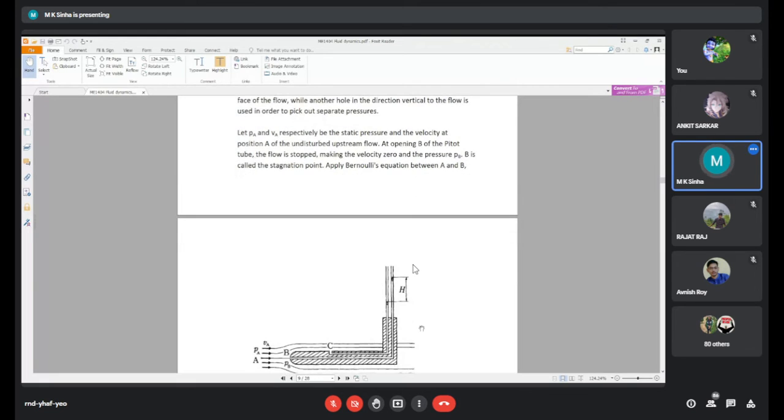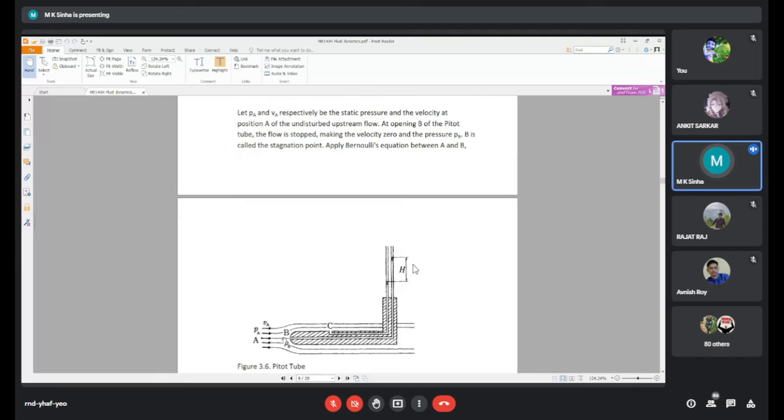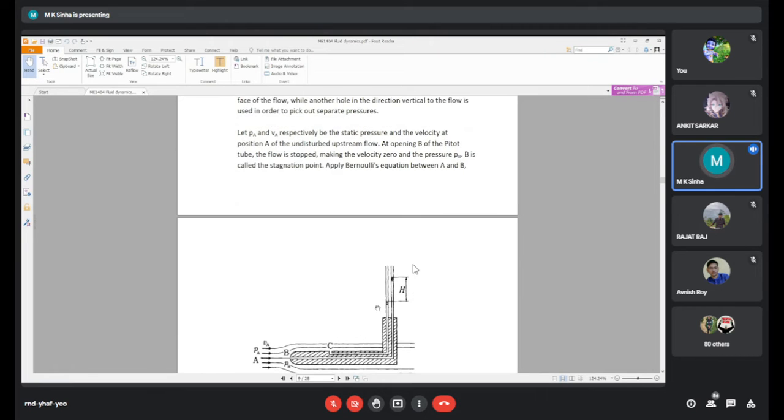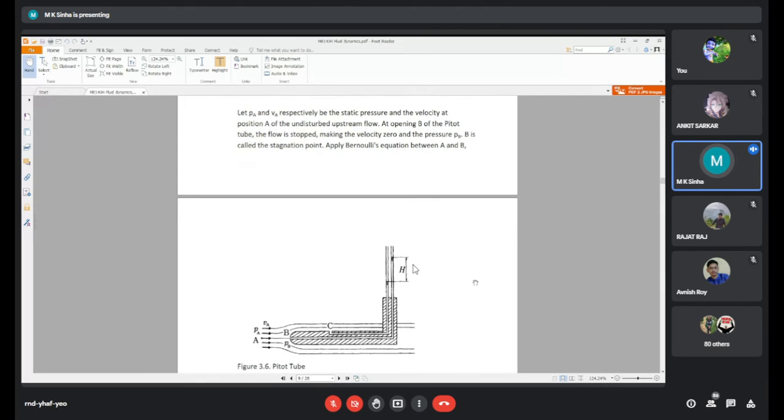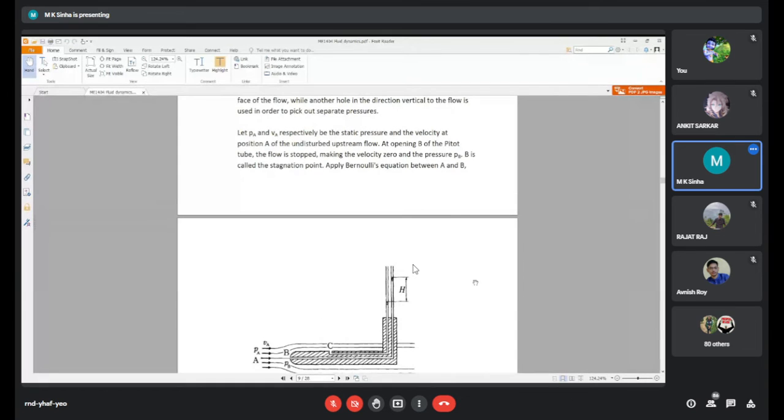VA respectively be the static pressure, because the fluid comes in contact with it, that is why it is called static. So velocity at position A of the undisturbed upstream flow, and at point B of the pitot tube the flow is stopped, making the velocity 0 and pressure PB.